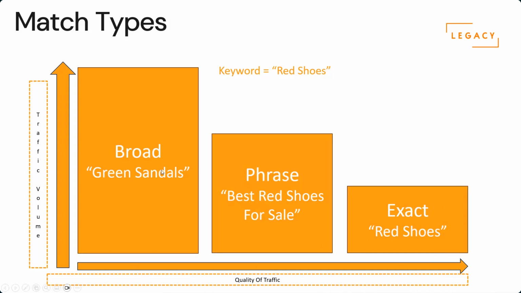Another thing I mentioned earlier is that Google has made an awful lot of changes to how it triggers for different keywords. We've seen phrase turn more into broad, so phrase will show for all different sorts of keywords.